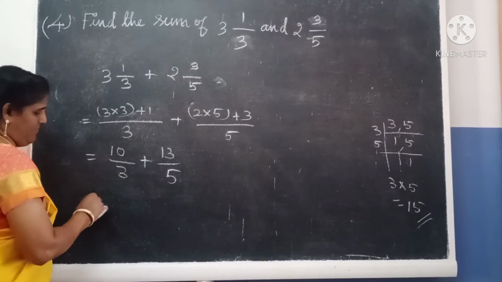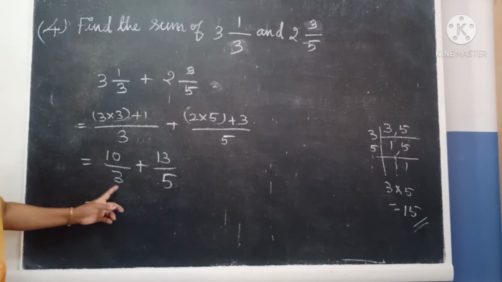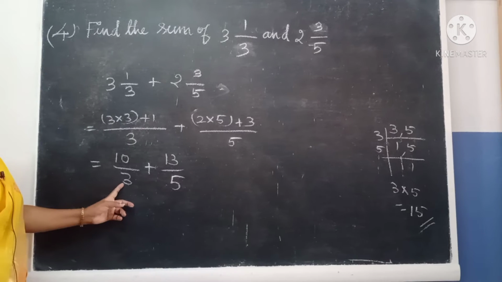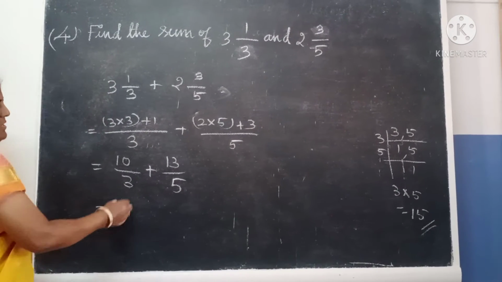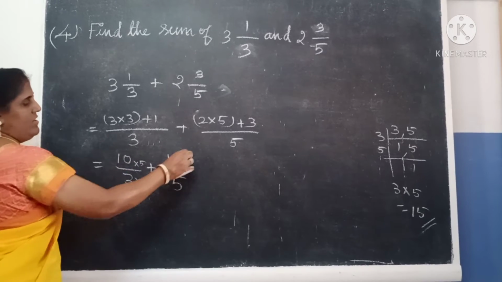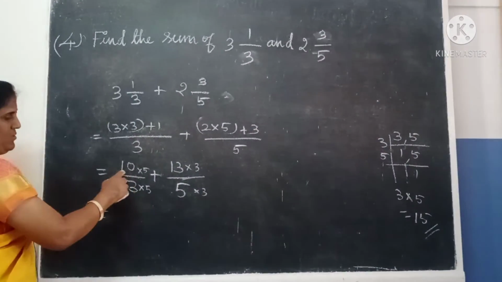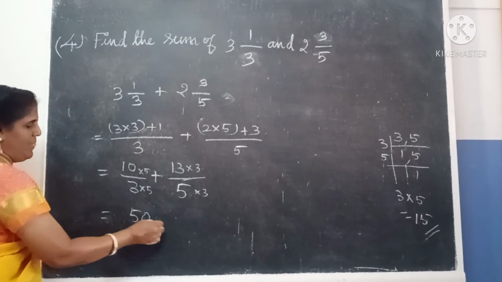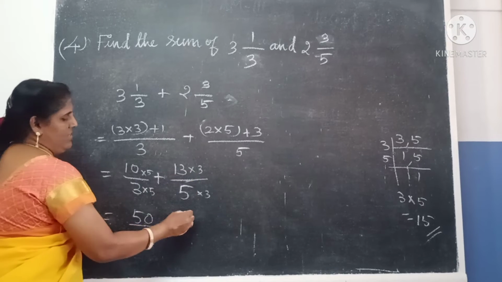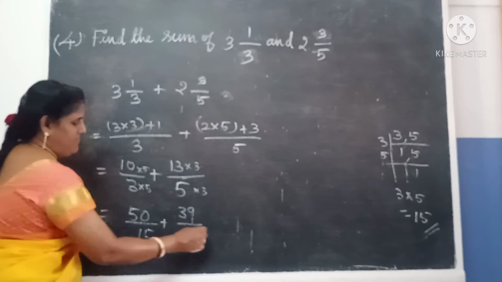So first, if you want to convert 10 by 3 into denominator 15, if you want to convert 3 as the denominator into 15, you just multiply with the 5 table, both the numerator and denominator. Here 3 table. Isn't it? So 10 5s are 50 by 15 plus 39 by 15.